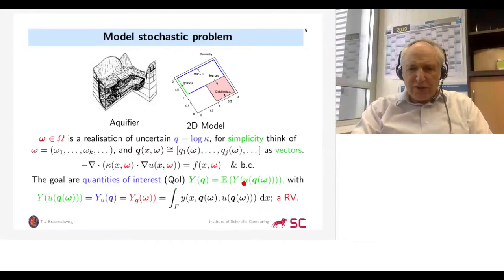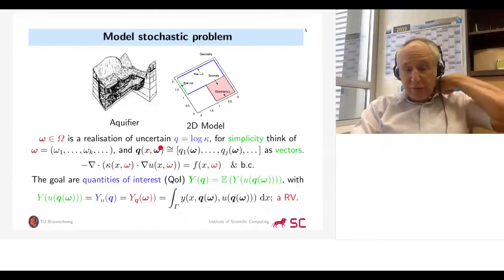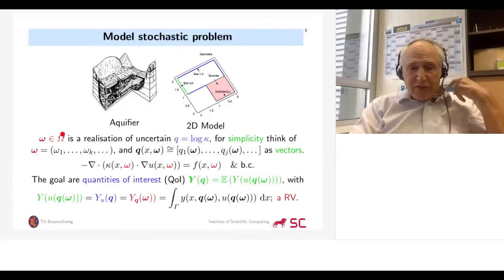So this is this guy in here. We've seen already that if we represent random variables as functions, then this expected value is also an integral. So the final thing we're interested in is an integral of an integral. One is an integral over the physical domain. Another one will be an integral over the space of all realizations, the set of all realizations.